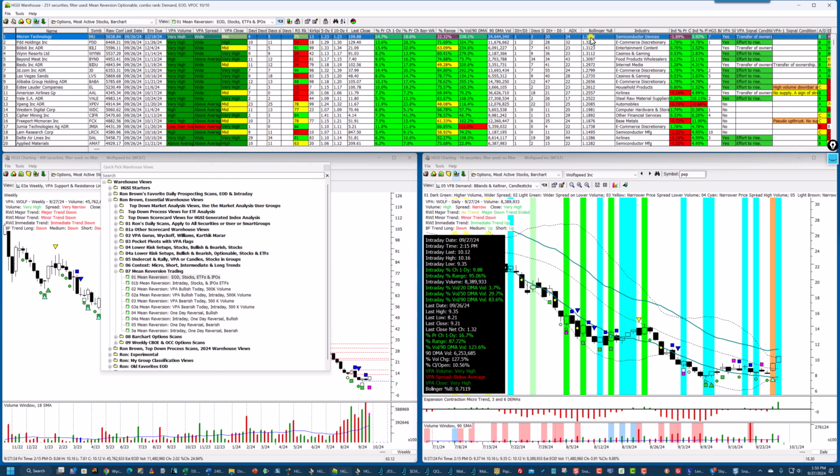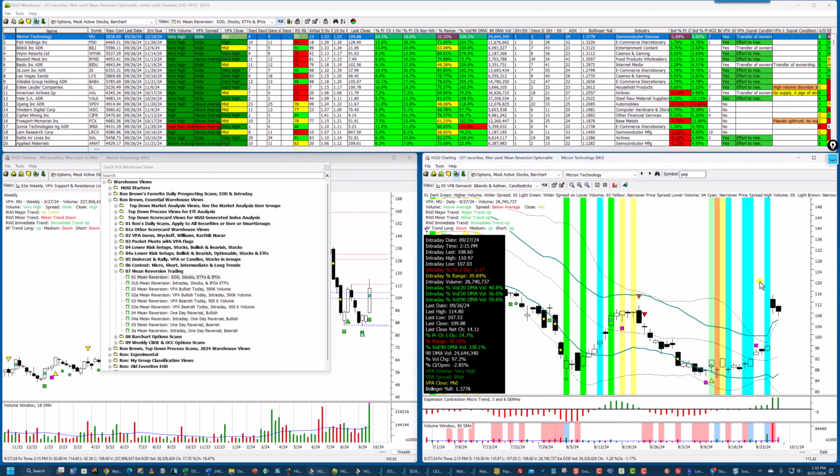I can tell immediately Micron is well above its band. Earnings came out yesterday or the day before, and the stock has just soared, and now it's pulling back a little bit. But you can see before the earnings came out that this stock was under accumulation, and it was very tight within the bands as traders waited for the earnings report.